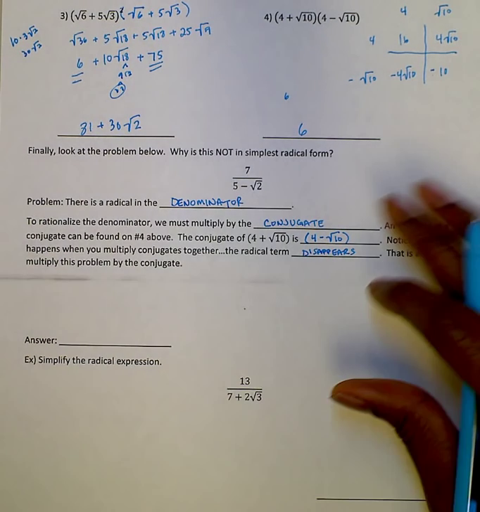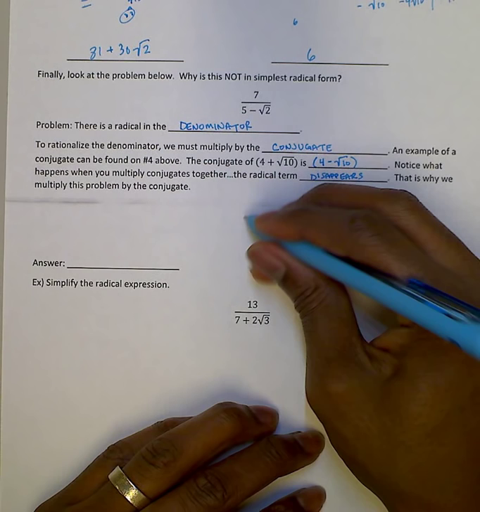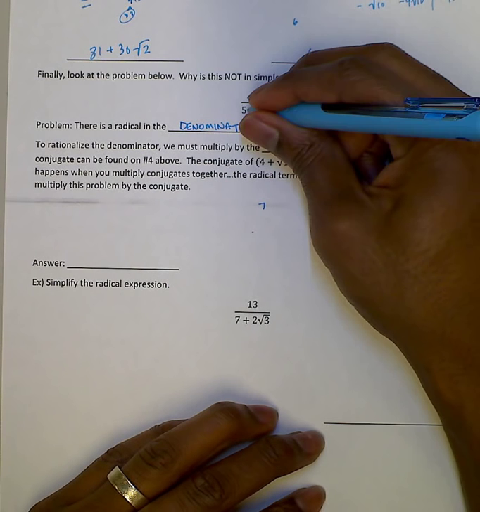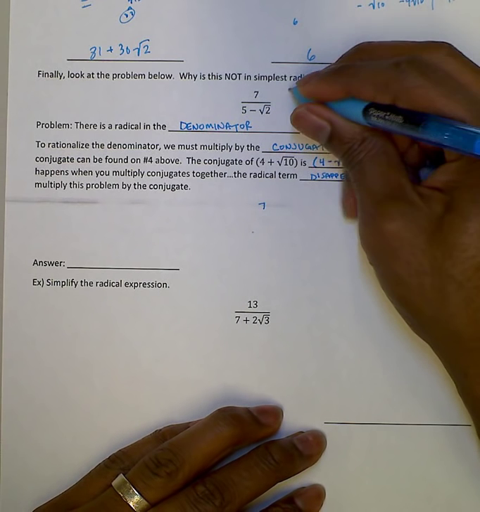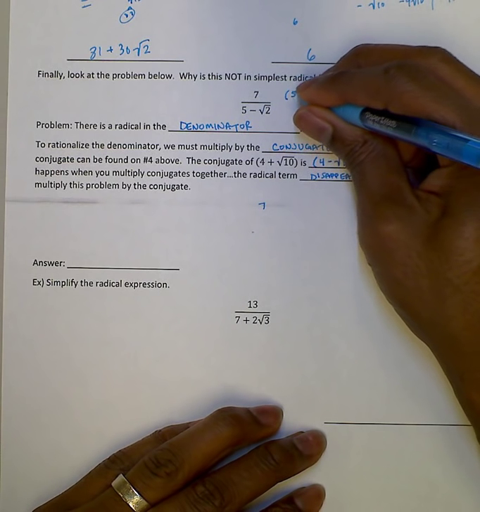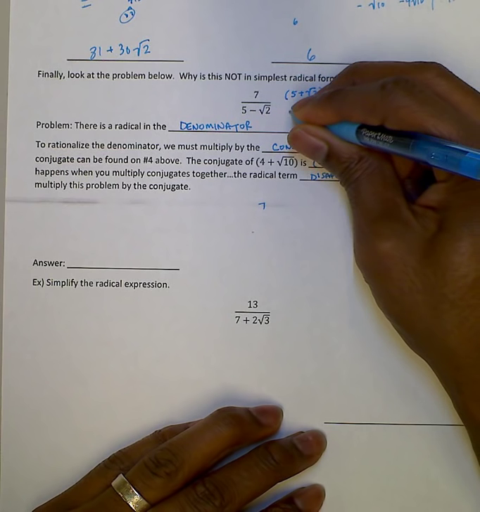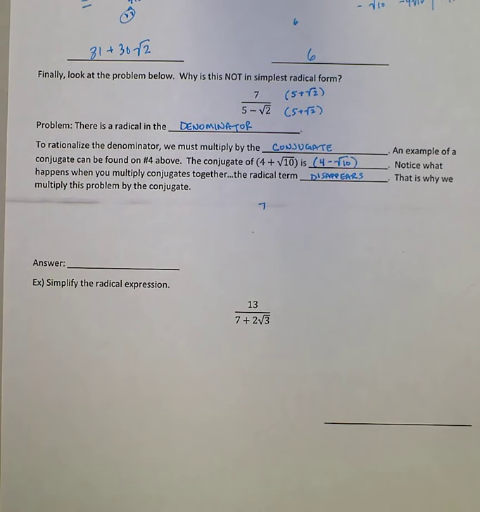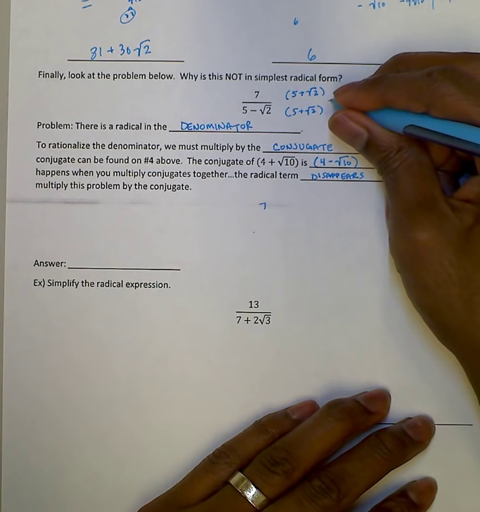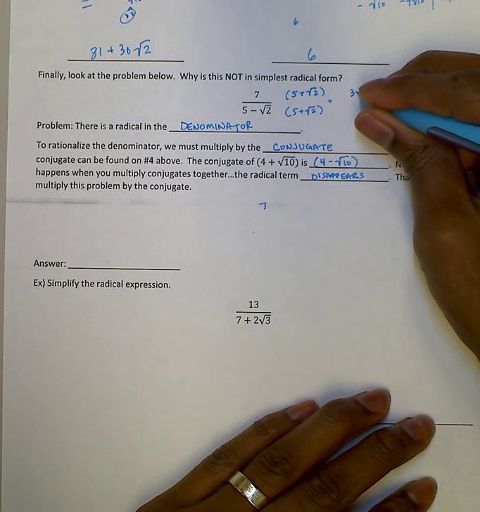So, for this, if we had 7 over 5 minus radical 2, I'll just do it here. I'm going to do the fancy one, but now I'm going to multiply by its conjugate, 5 plus radical 2. Okay? And so what happens when I have that? In my numerator, I have 35 plus 7 radical 2.